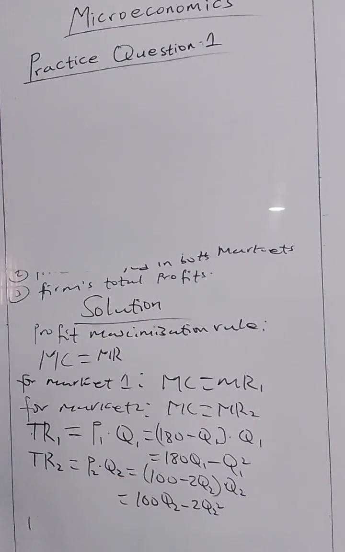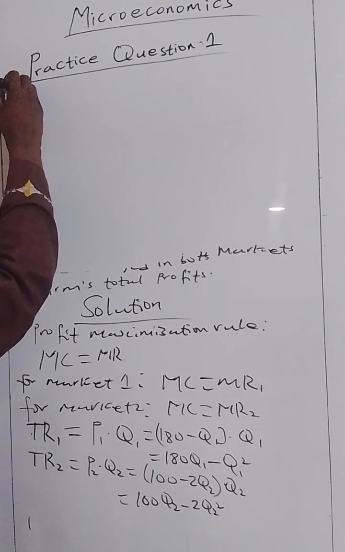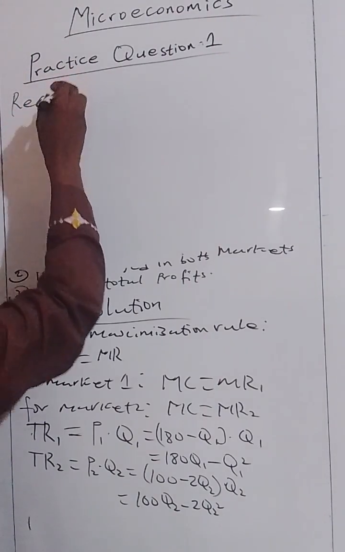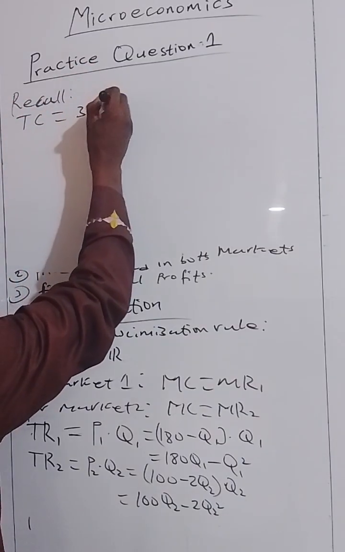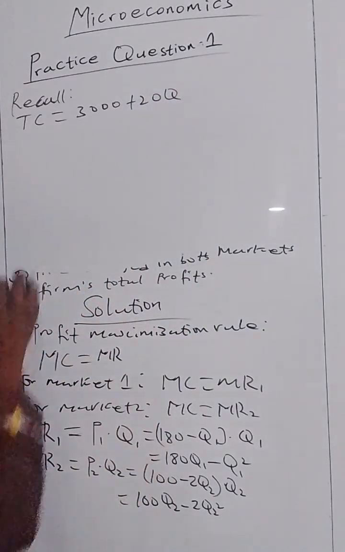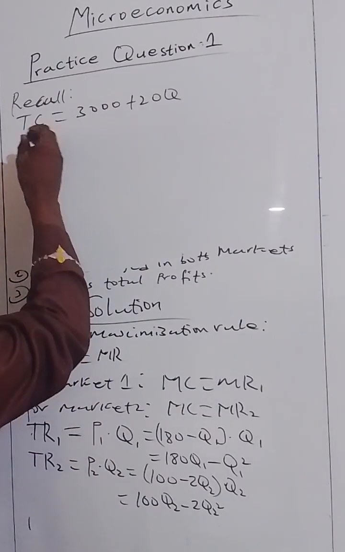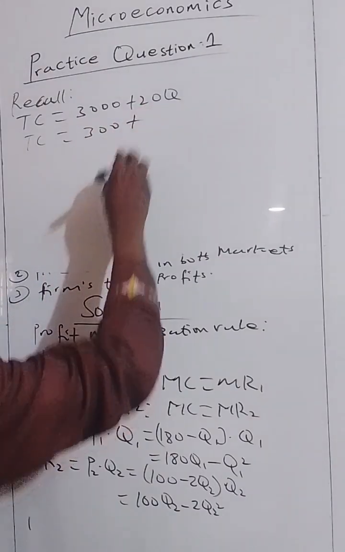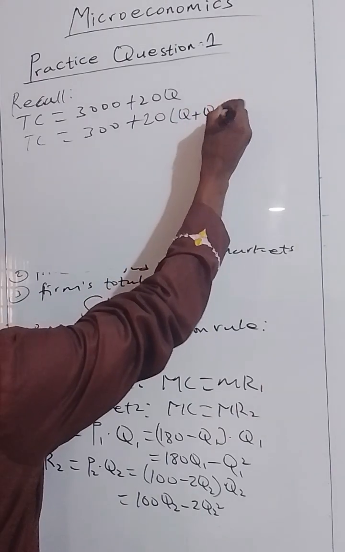Okay. So now, when you recall the total cost, TC equals 3000 plus 20Q. Then this same TC can be written as TC equals 3000 plus 20 times Q1 plus Q2.